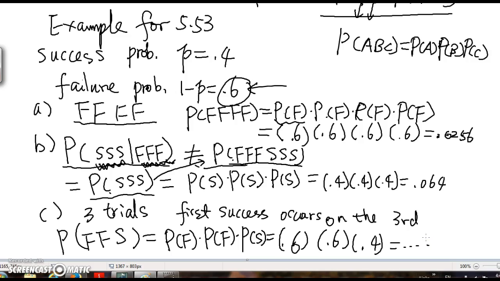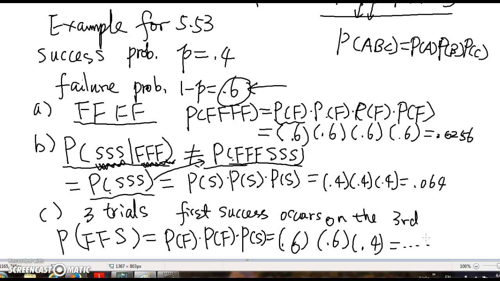Some of these questions you can use the binomial distribution formula, but really you don't have to, because in each of these cases we have a specific answer for each trial. We know if the first is a failure or success, and the second trial too.